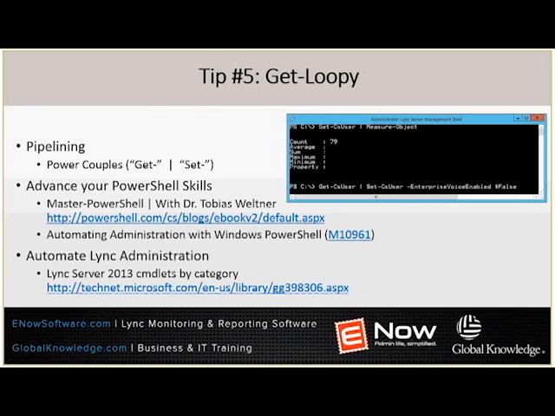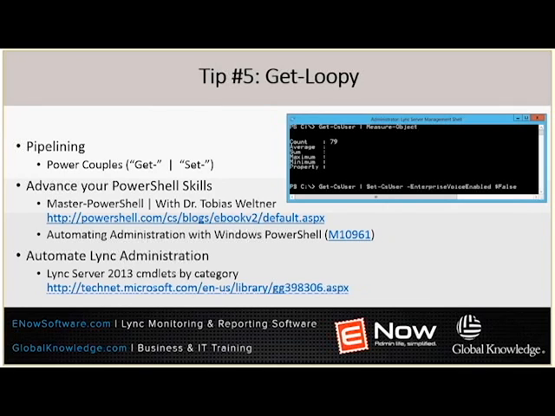But make a small modification to this, and we can make a tremendous effect in an environment with very little effort. If we do get CS user, pipe it to set CS user, we've initiated what I call one of the power couples in PowerShell, which is you combine a get command and a set command, and you can make modifications to a lot of objects very quickly.